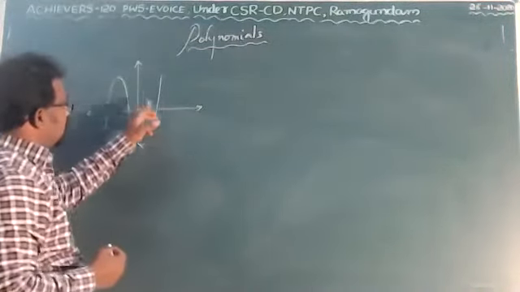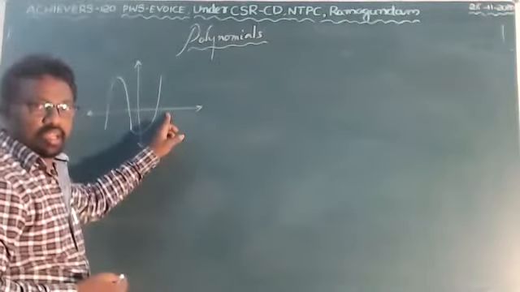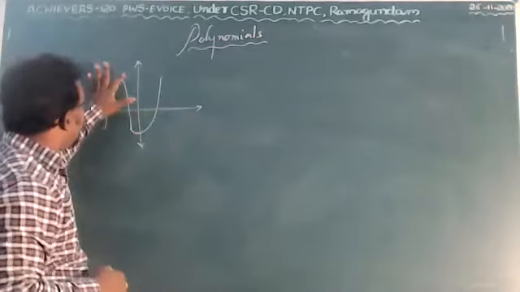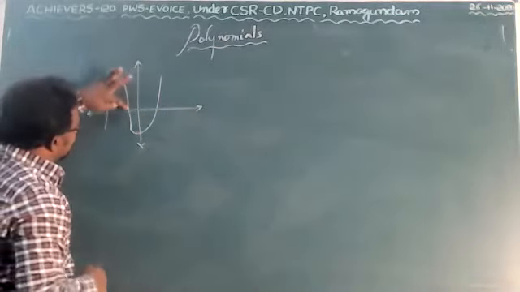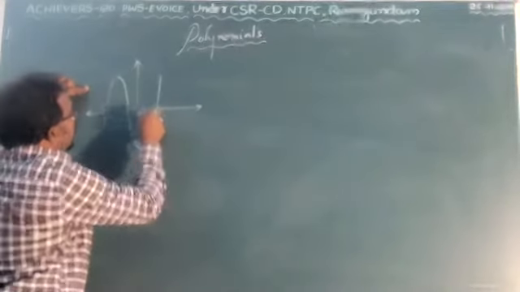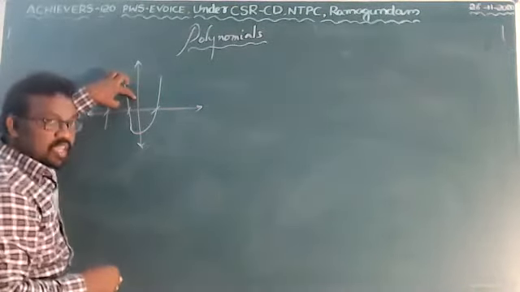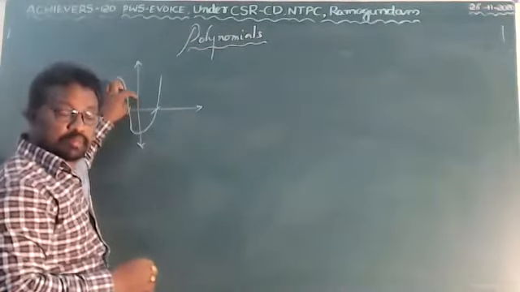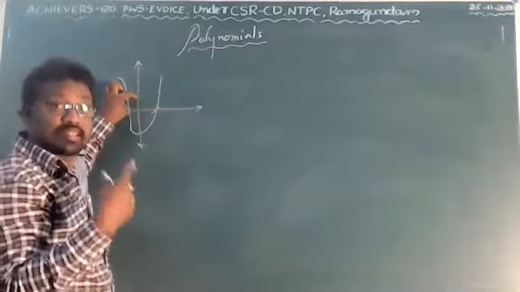If the curve intersects the x-axis, where this curve intersected, and how many places the curve intersected, called zero of the polynomial, called answers.